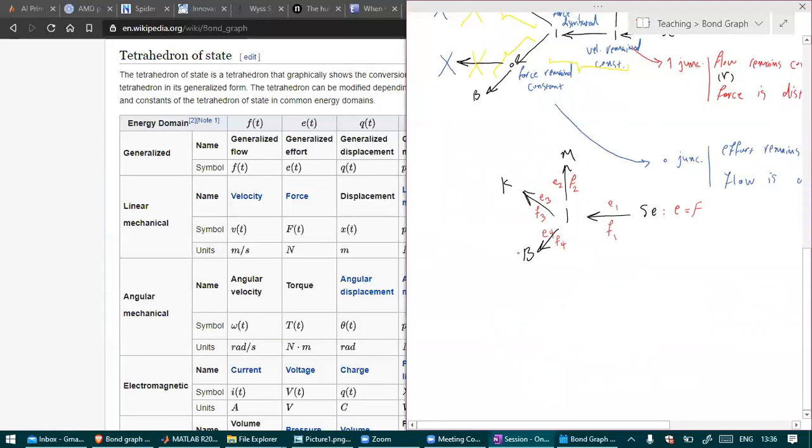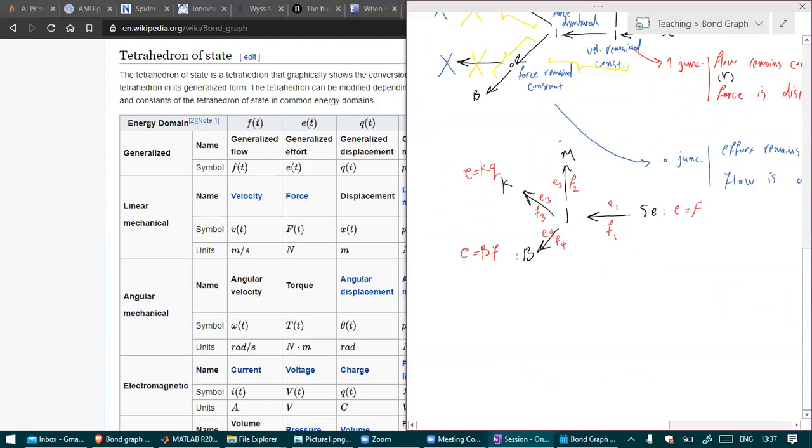For the damper, we know that the effort is equal to the damping multiplied by the velocity, the flow. For a spring, the force or effort is equal to K multiplied by Q, the displacement.